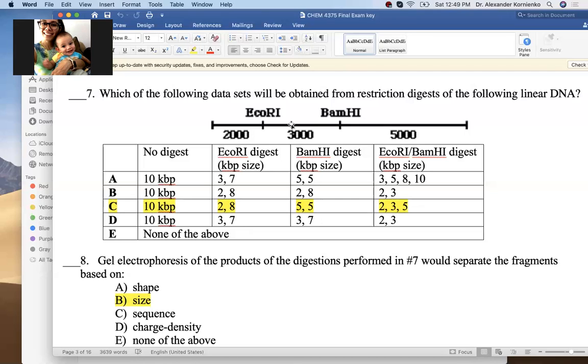Okay, got it. I don't know why on the exam the last column, the EcoRI and BamHI, tripped me up a little bit, but okay, I understand now. Mm-hmm. All right, thank you.